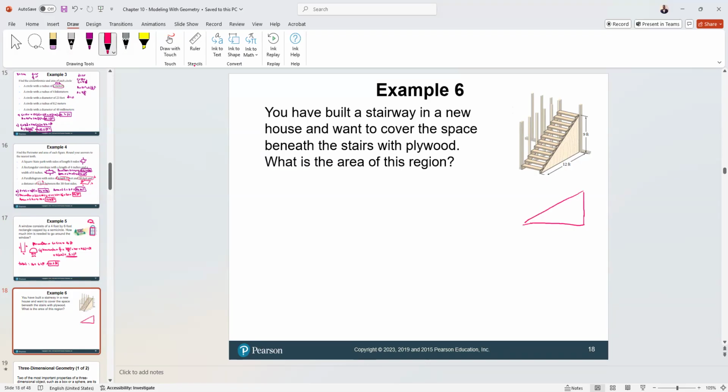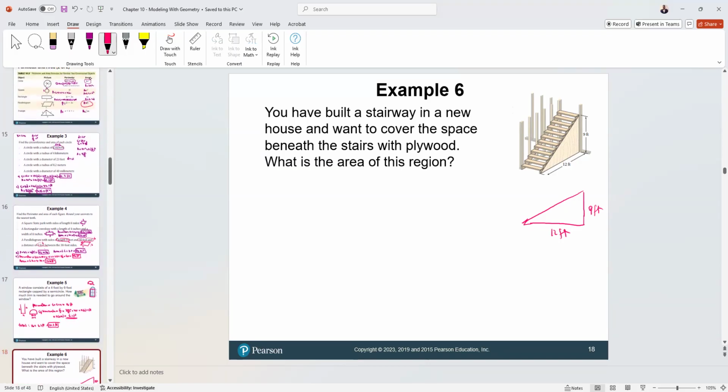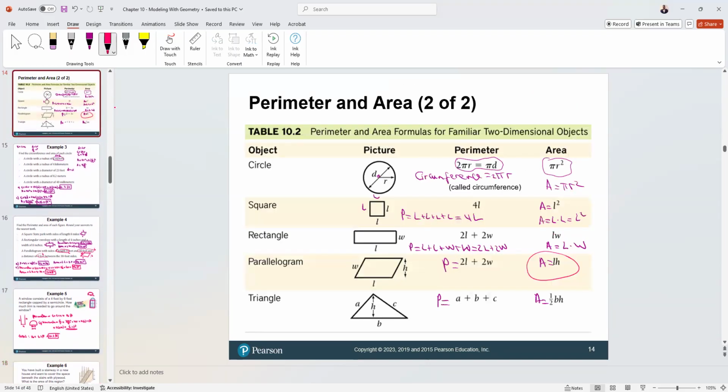We have the height and the base. Now, what is the area of a triangle? Area of a triangle is 1/2 base times height.